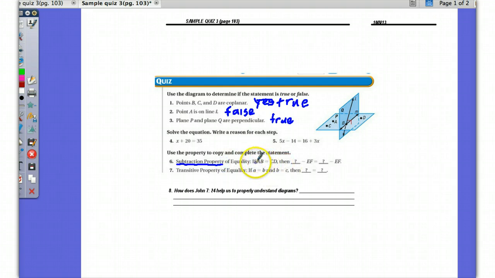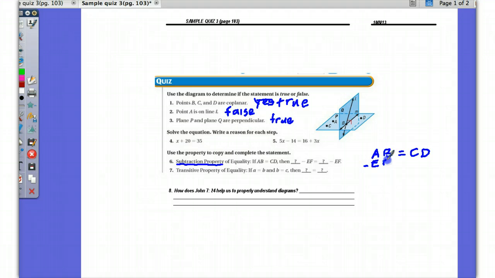So they're saying if AB is equal to CD, and I'll write it over here, AB is equal to CD, and this is just like an equation. If you would write an equation and you would say 3x equals 15, then you could subtract the same thing from both sides and still maintain the equality.